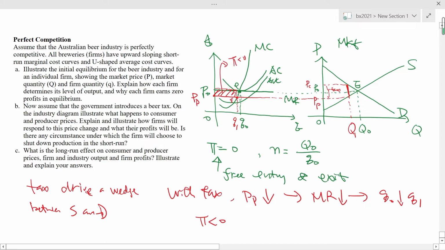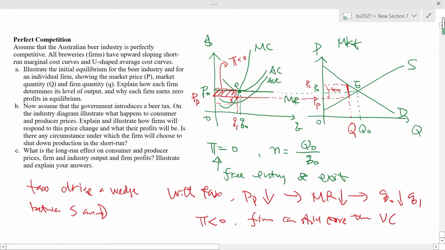In my particular drawing here, firms can still cover the variable cost. You go from the quantity up to the average variable cost, and we can see that total revenue is still bigger than the variable cost.